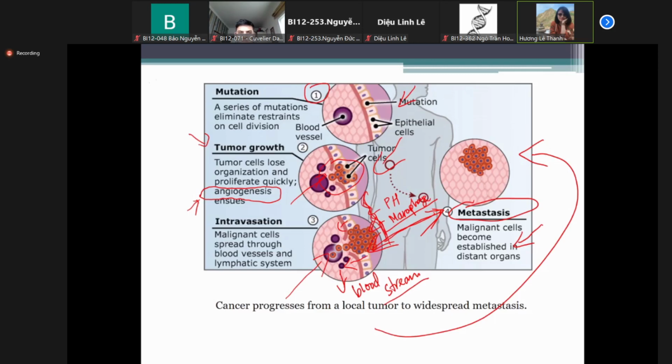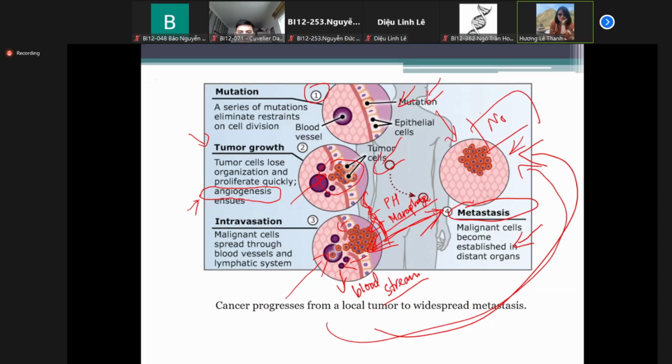And at the end, metastasis normally does not occur in this case. The process from mutation to metastasis is very long and a very big process for the cancer cells. It's not easy, but it still happens, and we have no cure for the final stage of the cancer.